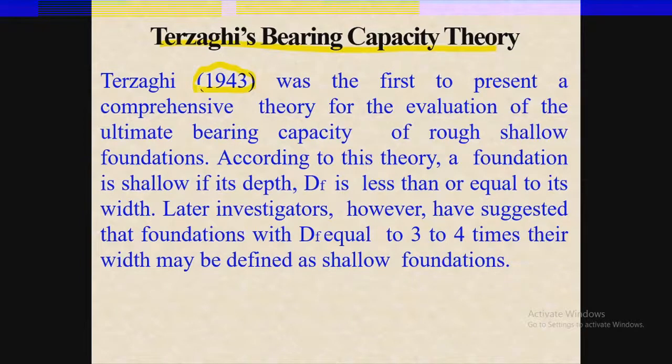According to his theory, a foundation is shallow if its depth is less than or equal to its width. That was the definition of the shallow foundation given to us by Terzaghi in 1943.